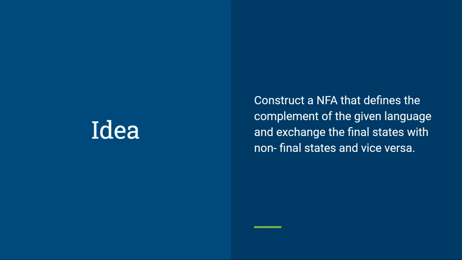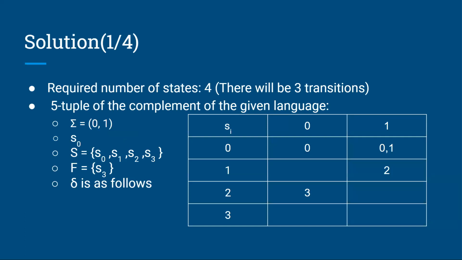That is easy because we have done it in DFA as well, and it's very simple with the following state diagrams that I'm going to show you. Based on that, we can build back to the given problem by simply exchanging the final states with non-final states and the non-final states with final states. So this is my approach to the solution.